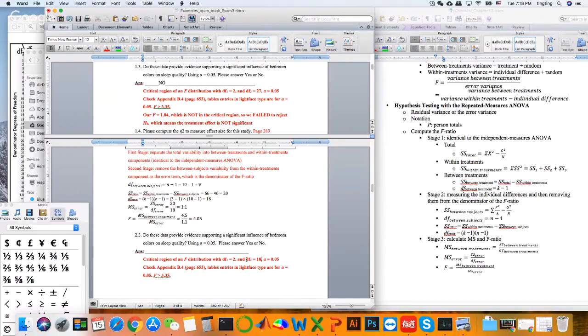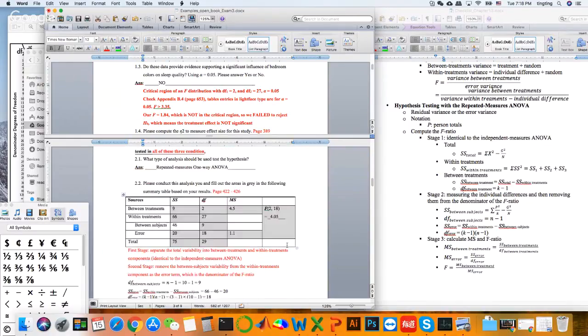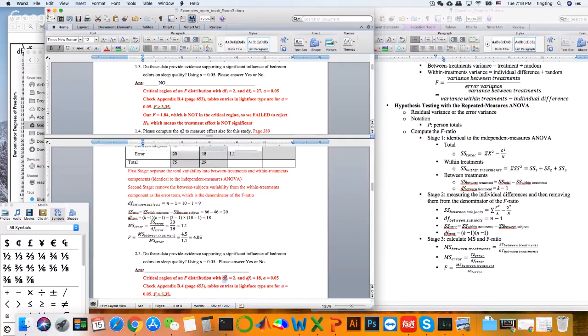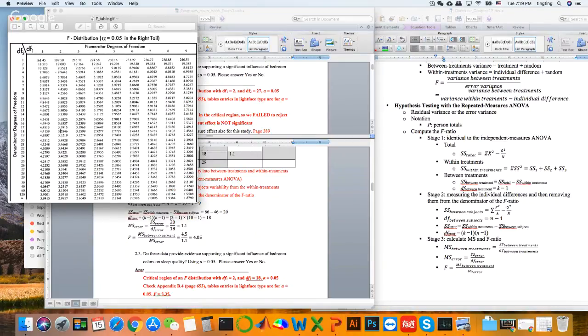Make sure you change the degrees of freedom to 18. Why is it 18? Because it's a within-subject design. The degrees of freedom are different. It's for the error term. Make sure this one is correct, very important. So check the table. 2 and 18, which should be 3.55, right?